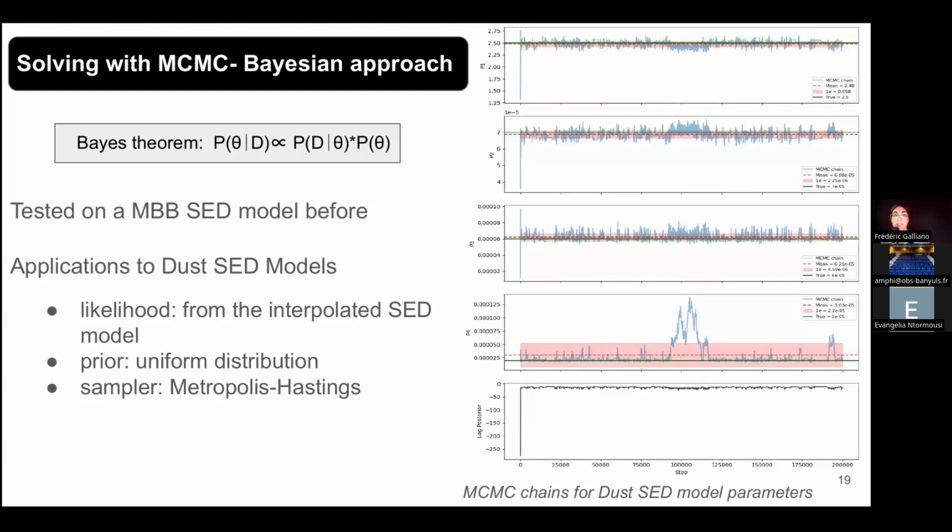So our next goal is to understand the values of the parameters of the DustEM, and in particular, we can use a Bayesian approach to do that. In order to do that, we remember briefly that the Bayesian approach is formed by a prior distribution and observational data, and all that combined leads to a posterior distribution that describes those parameters.